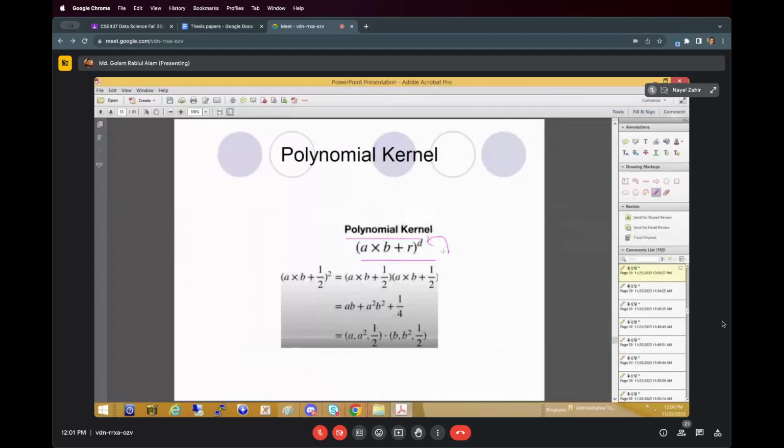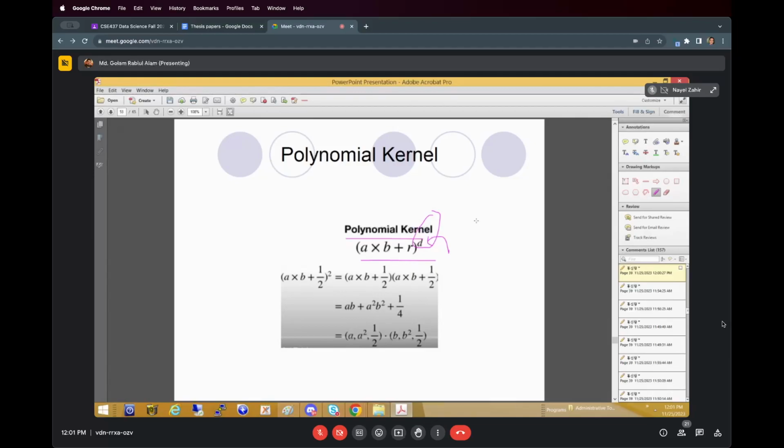Now for the polynomial kernel, we can define the value of d. It is the power of the polynomials. Sometimes d equals 2 will work, sometimes d equals 3, sometimes maybe d equals 10 or 25; we need to assign the degree of polynomials based on the complexity of the data.